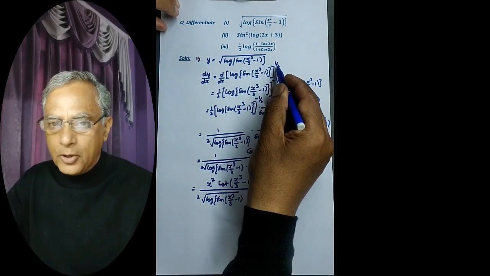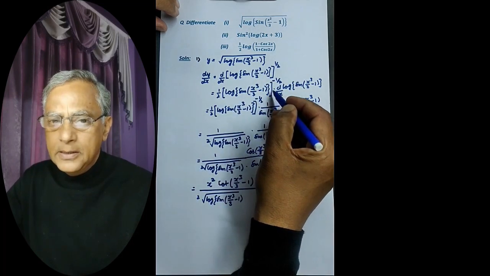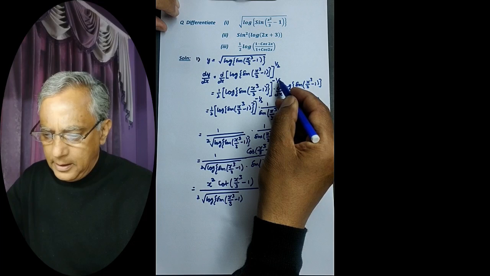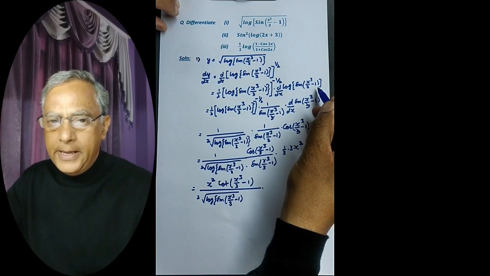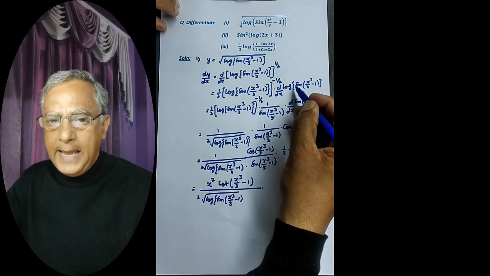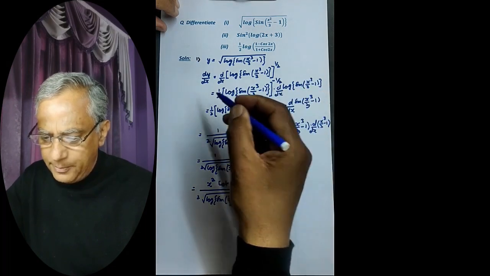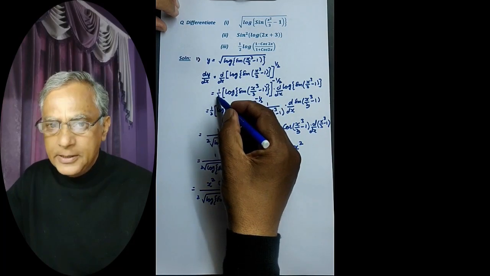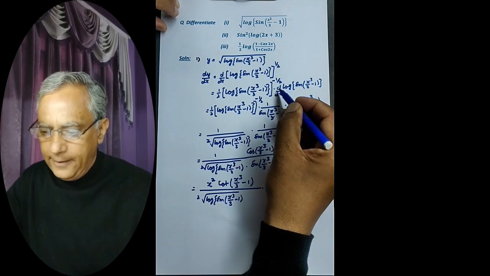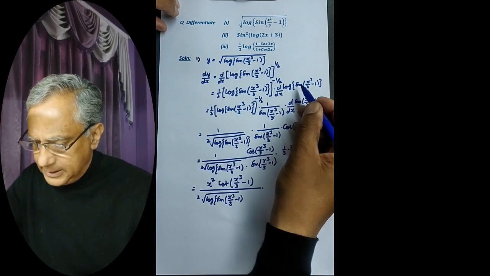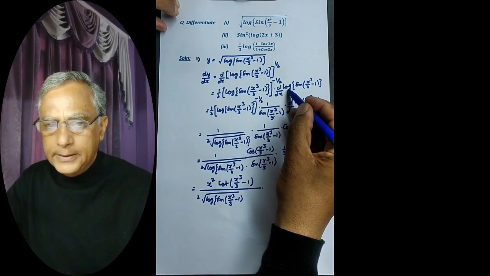So we use the power rule: half f(x) to the power of half minus 1 into d by dx of f(x). d by dx of x to the power of n is n x to the power of n minus 1. So for f(x) it will be n f(x) to the power of n minus 1 into d by dx of f(x).